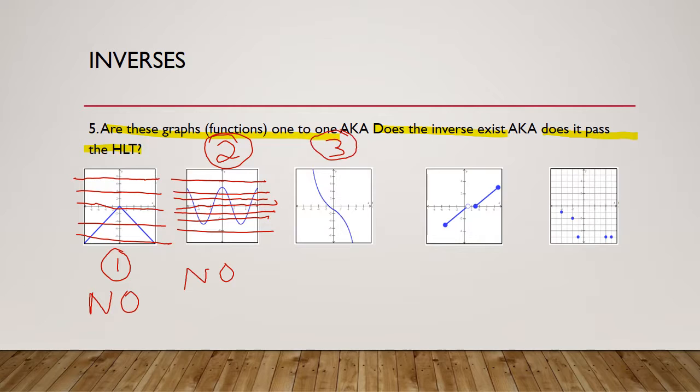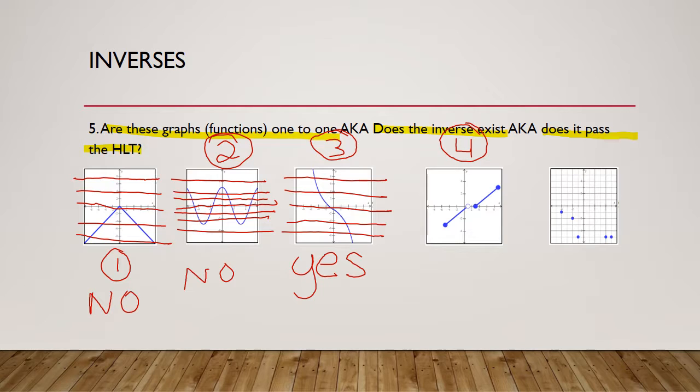Okay, third graph. I'm going to pass horizontal lines over the picture. Do any of those horizontal lines touch more than once? No. So this graph is one-to-one. It is invertible, so an inverse does exist, and it does pass the horizontal line test.